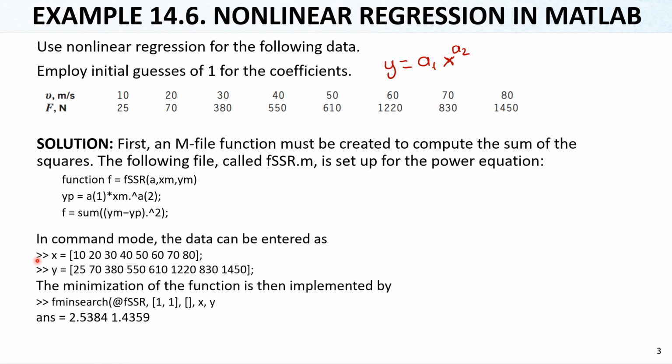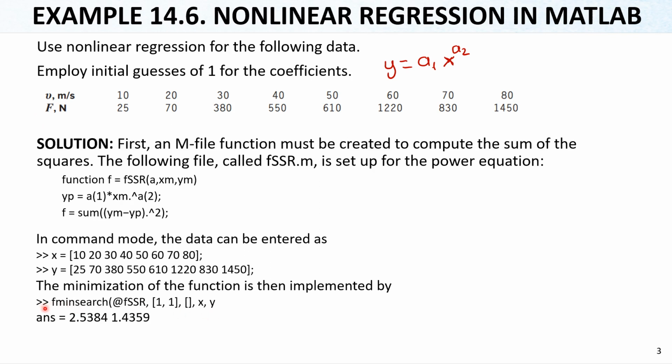Then in MATLAB, in command mode, we can define x's and y's here. Then we use the fminsearch function. The function to be minimized, the objective function, is this. We want to minimize this. 1 is the initial guesses. The bracket eliminates the options and uses the default for the options parameter. x's and y's are these data. x's are v's, y's are f's.